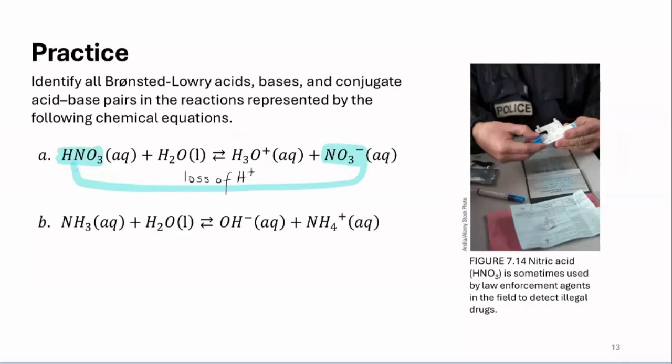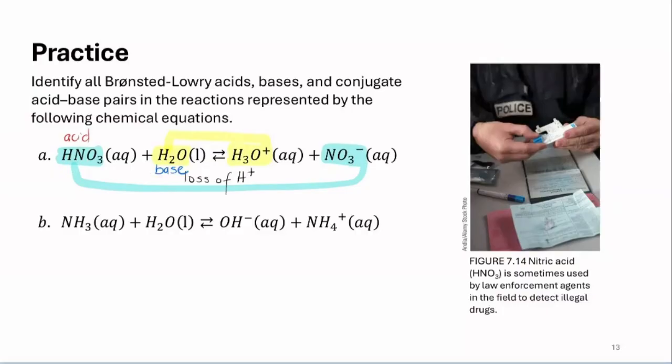That means that in this reaction, HNO3 is acting as an acid. On the other hand, if we look closely at what's happening to the water, it accepted the proton lost by HNO3 and it became itself H3O plus. So this means that in this instance, water specifically is acting as a base.